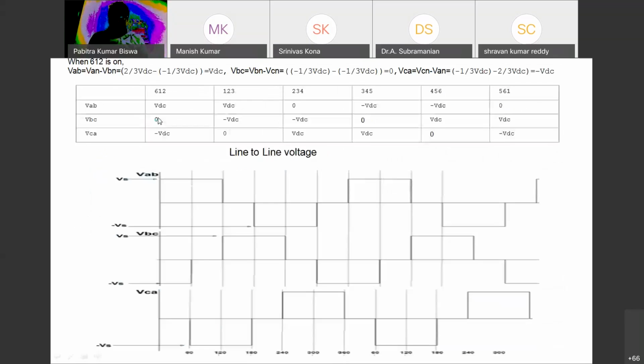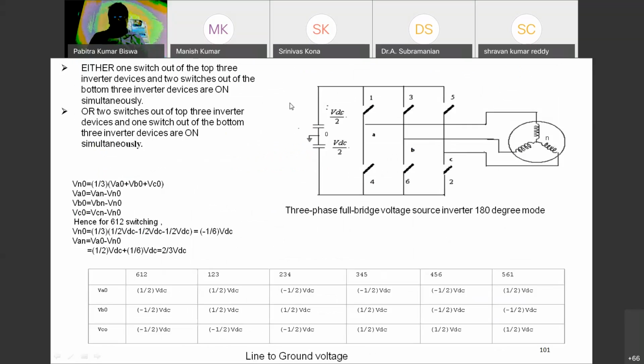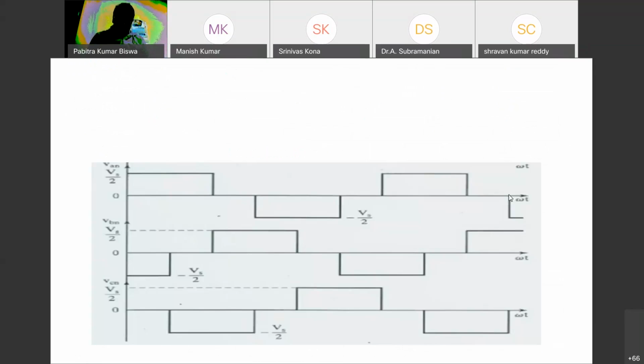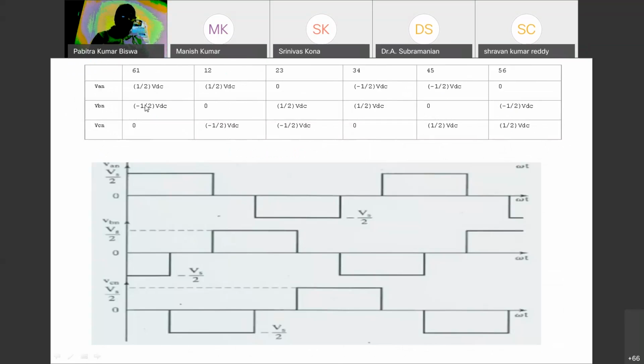That means when 1 and 6 are on, this leg is taken: VAN will take half voltage, then VBN will take minus half voltage of VDC. In this way, we are getting half VDC and minus half of VDC. Similarly, for 1 2, 2 3, 3 4, 4 5, 5 6, we are getting the voltage, and I am preparing this table.